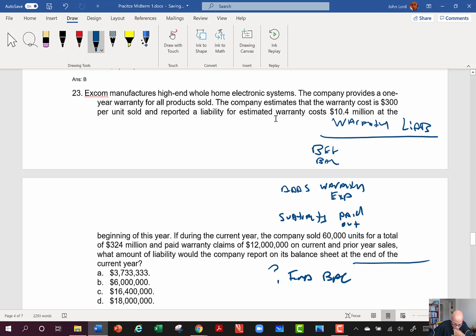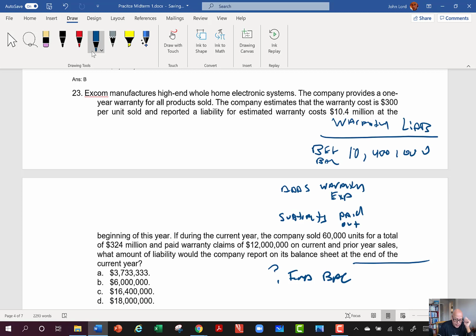So they tell me that the warranty cost is $300 per unit sold, and a liability of estimated warranty of $10.4 million at the beginning of the year. I'm going to write it in as 10,400,000, just because I want to make sure that I don't make some mistake with something silly like a decimal point somewhere. 10,400,000.